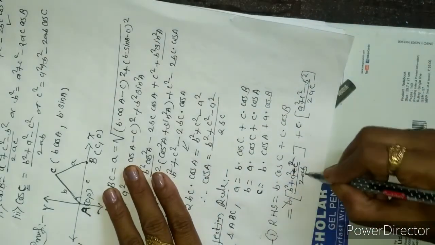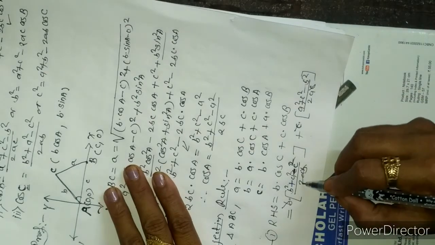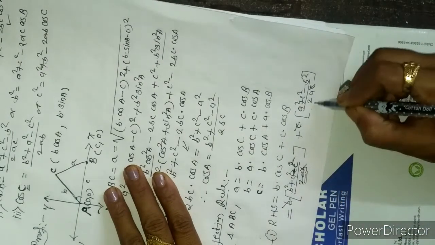Now, after simplification, the cancellation of C, both these terms have denominator 2.